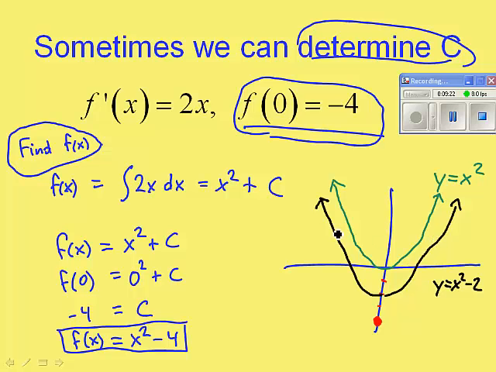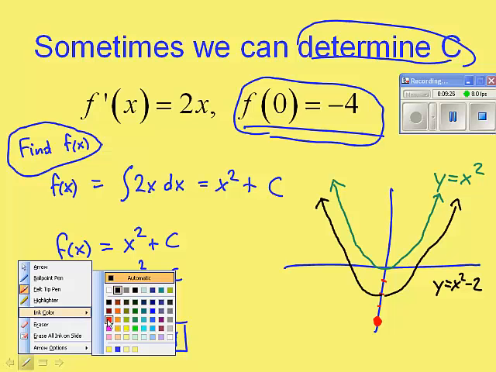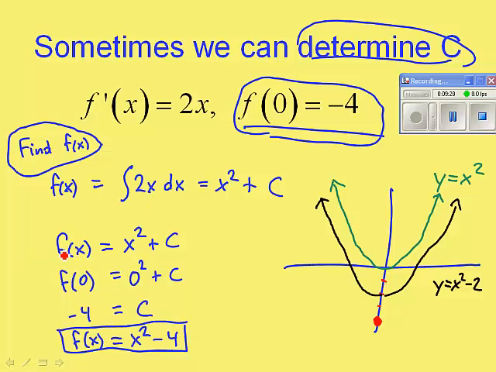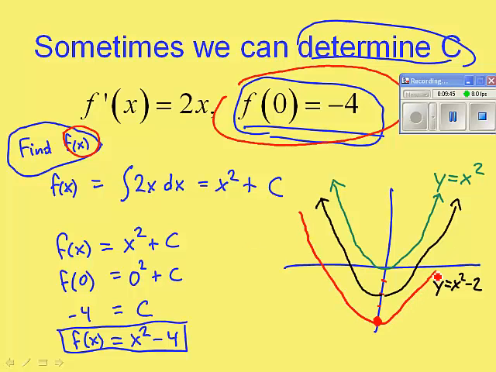Okay? So now if I say, what's the function f of x we wanted? Well, they're all parabolas. All the antiderivatives are parabolas, right? But we want the one that goes through this point. And so basically, the f of x that I want is, in fact, this parabola. Okay? And we're going to come back to this picture.